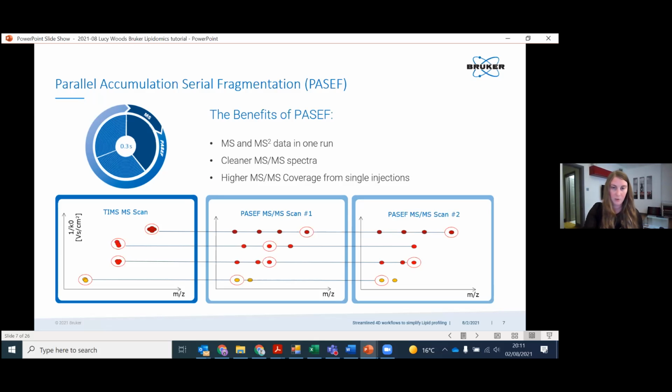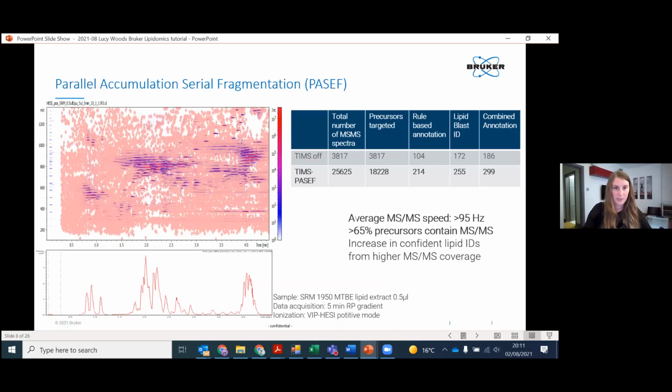We're also able to acquire MSMS spectra for each lipid species. If we look at what the raw data looks like, this is an example again of the SRM 1950 plasma extract. The chromatogram shown on the bottom was acquired for a 5-minute reverse phase LCMS run.